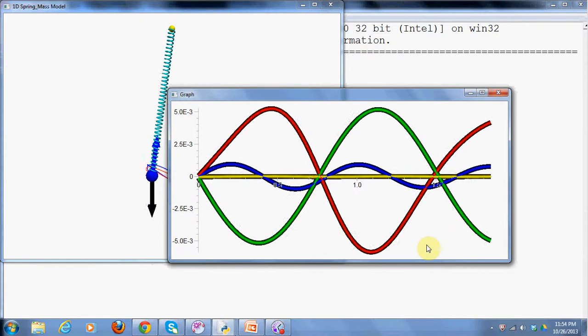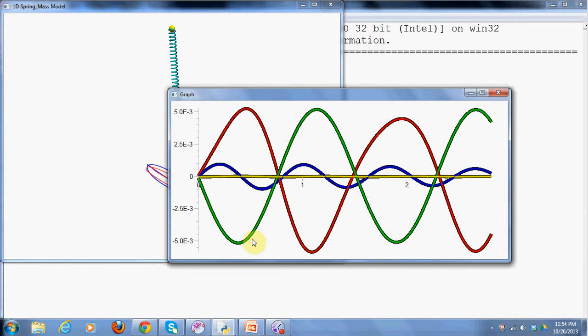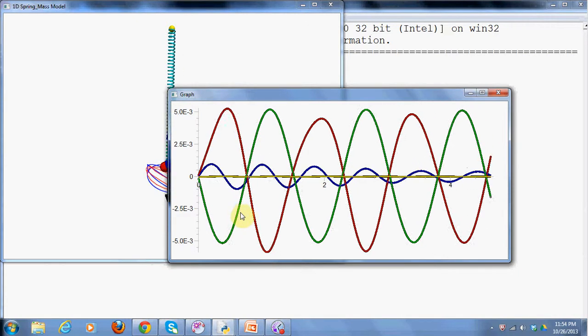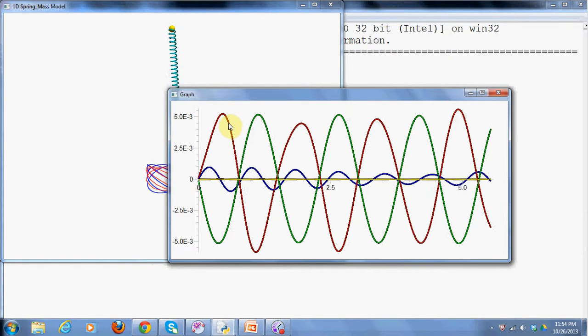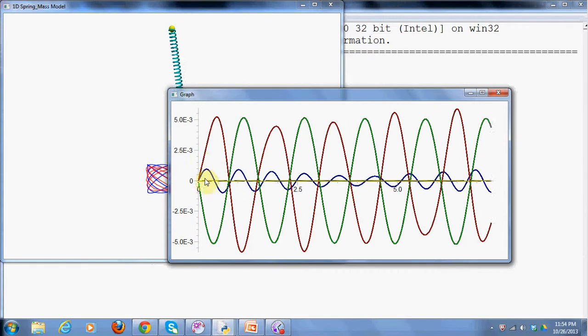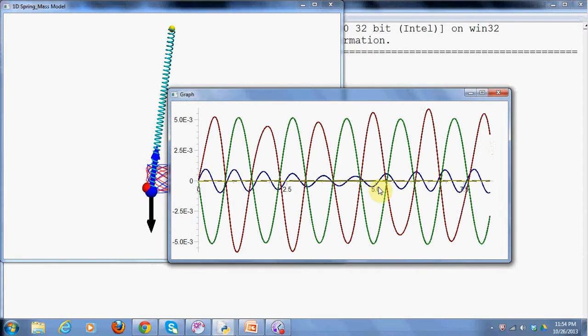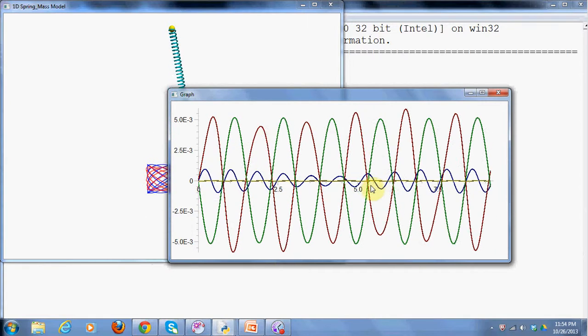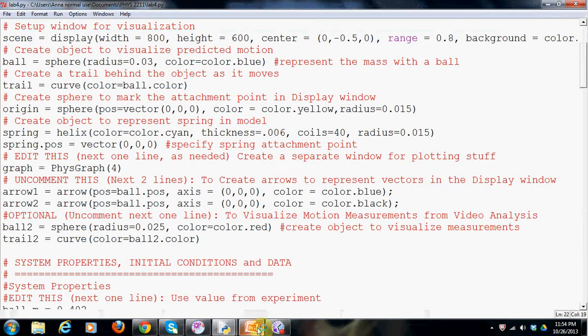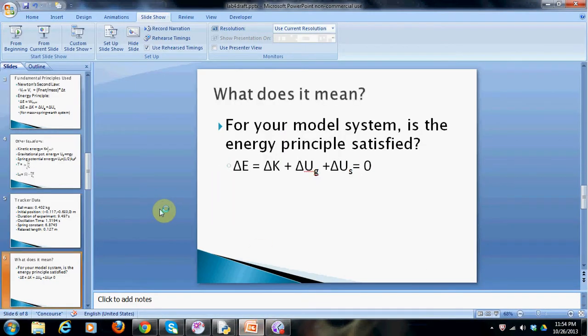And in this graph, delta U sub g is shown with the green, and delta U sub s is shown with the red, and delta K is shown with the blue, and then the yellow line represents the sum of all of these, which, as you can see, is equal to 0, satisfying the energy principle. And like we just said, the energy principle was satisfied.